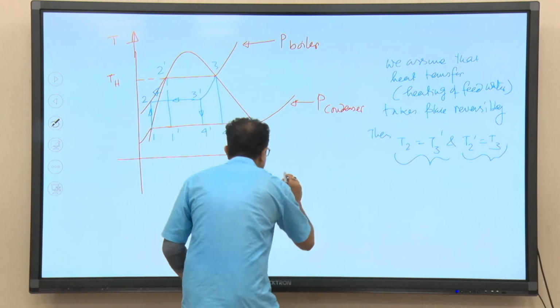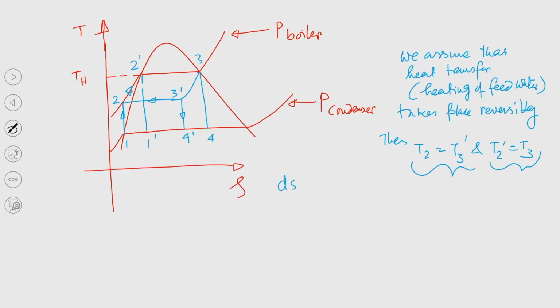Now, we can write, so ds water, right, ds water equal to del Q by T water will be equal to minus del Q by T steam equal to minus ds steam.